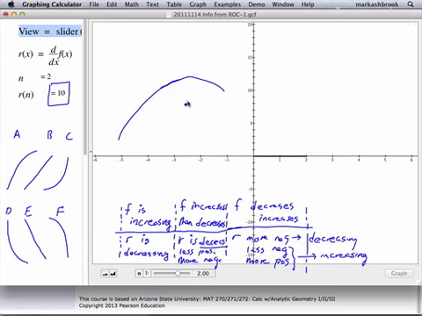Yeah, so if f increases then decreases, what do we have to have there at the intermediary point? It's increasing and then it's decreasing. Yeah, we're going to have a maximum, right? That's the idea of a maximum. If it's increasing and then it changes and starts decreasing, then there's some highest value that it's going to reach.